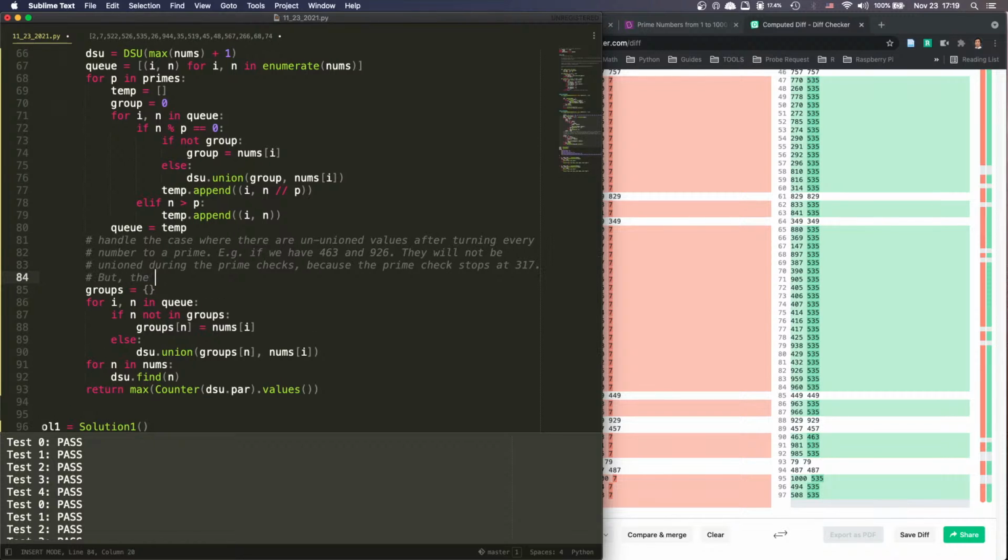But the prime check does reduce 926 to the prime value 463.